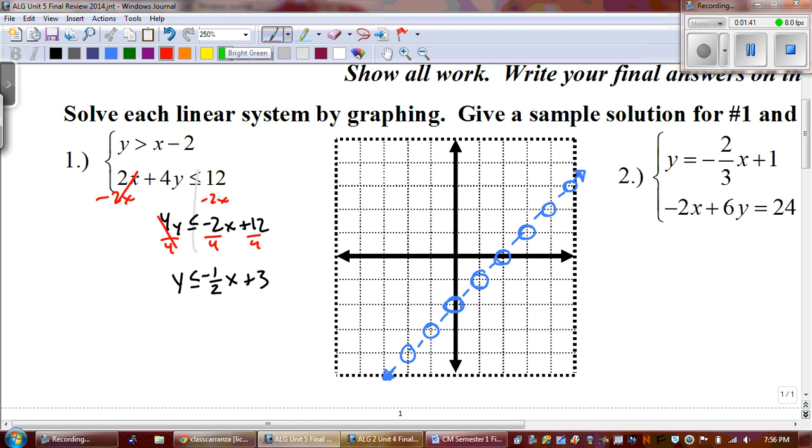So I'm starting at +3 and I'm closed, and my slope tells me to go down 1 over 2. Down 1 over 2, and I'm going to go in the other direction too, just so we have our line. Okay? So there's our line.